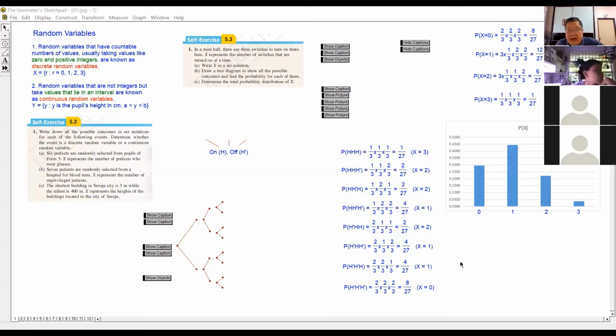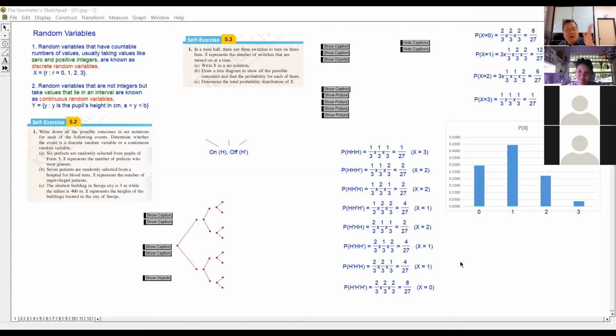Now, for example, the height of students in your class. Maybe the shortest one is how many cm? Who is the shortest in your class? 140 cm. Okay, let's say 135 cm. The tallest in your class is maybe 180 cm. Anyone taller than 180 cm?